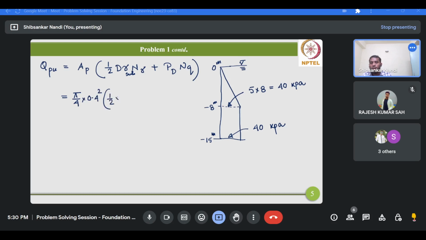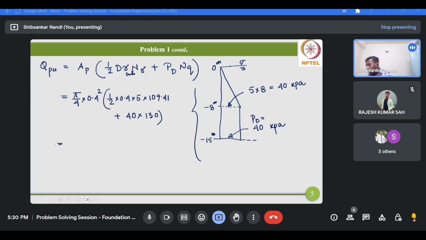Then half multiplied by 0.4, gamma sub is 5, N gamma is, I hope, 109.41, plus PD, which we have just calculated. So PD is 40, and NQ is given as 130.